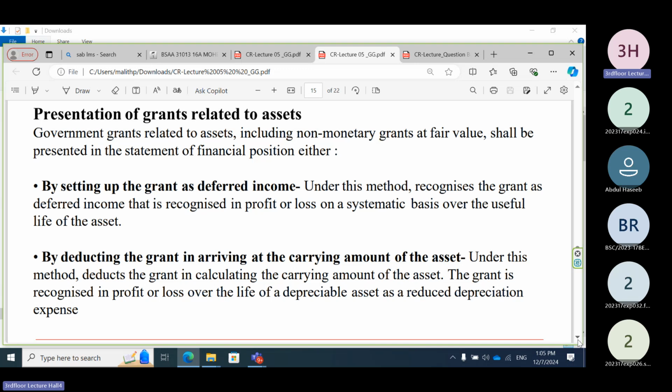So that you are going to disclose both. Once you are calculating the carrying amount of the asset, the grant amount will be deducted. So then that's an option. You can decide as a management the first method or the second method. Right.